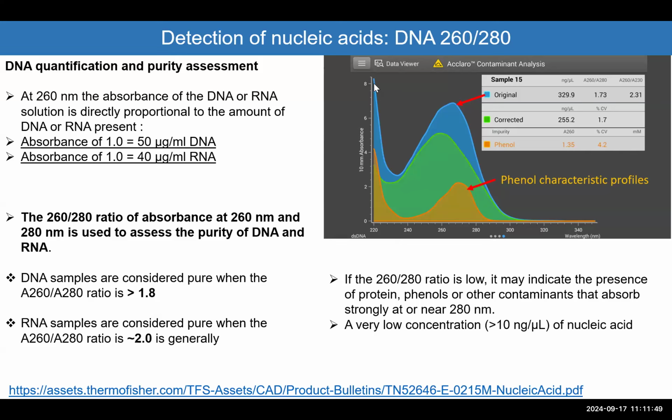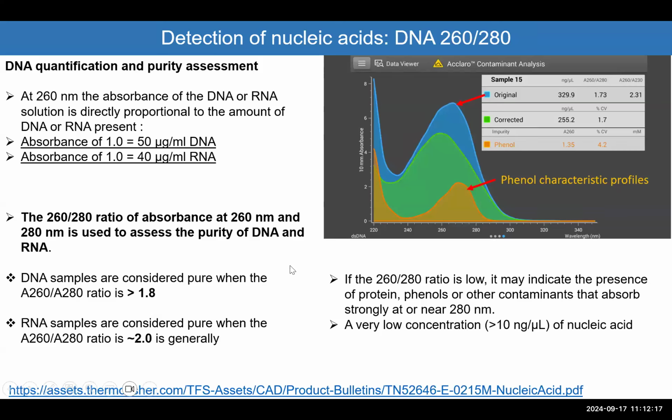And when you measure the DNA sample, it looked like it has a peak, but it's not really at the 260 peak. It's shifted to the right, toward the 280. Whenever this happens, you should directly think about having phenol that is still carried over during the process of extraction.